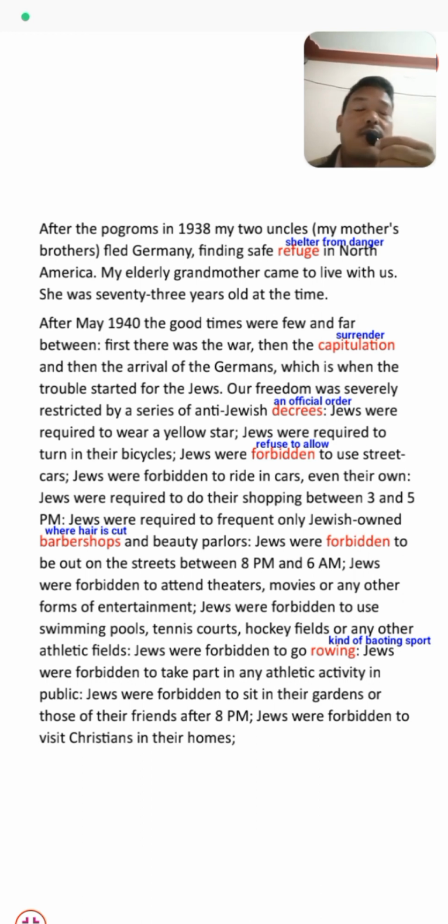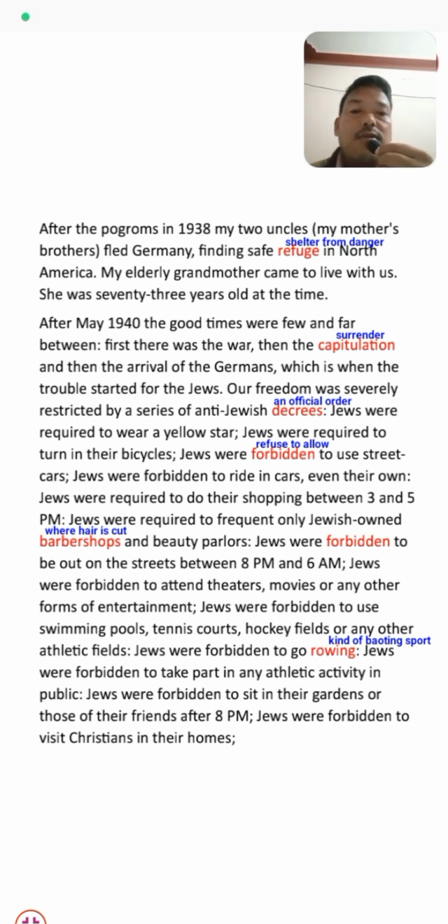The people were having very few good times, and first there was war, then capitulation, which is a surrender, and then the arrival of Germans. Yes, it was the time when they surrendered, and this is the time of the Germans' arrival, which is when the trouble started for the Jews.